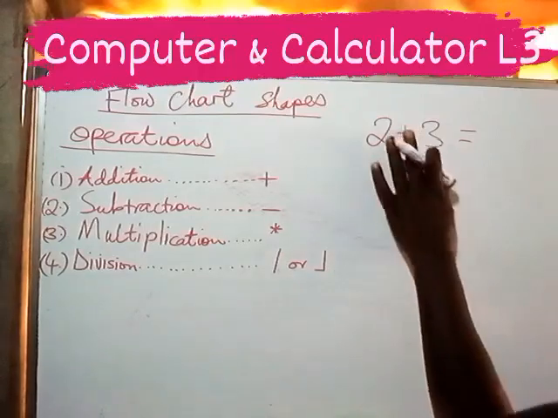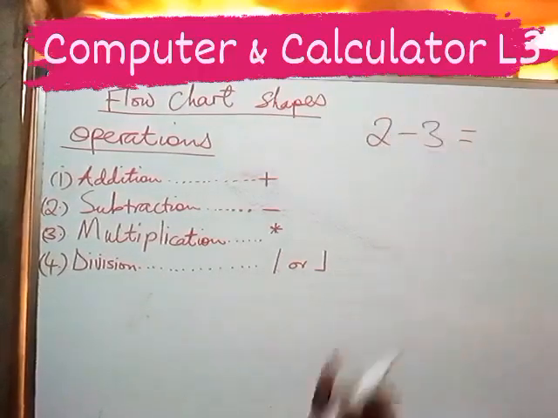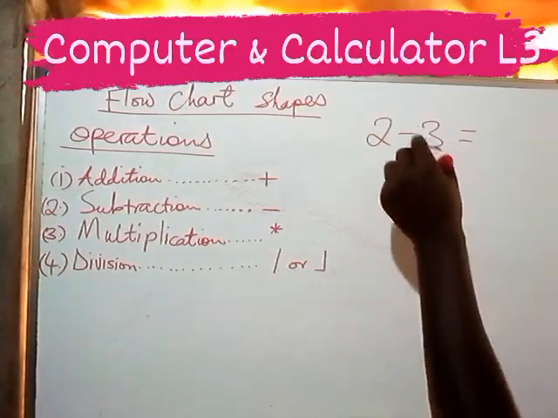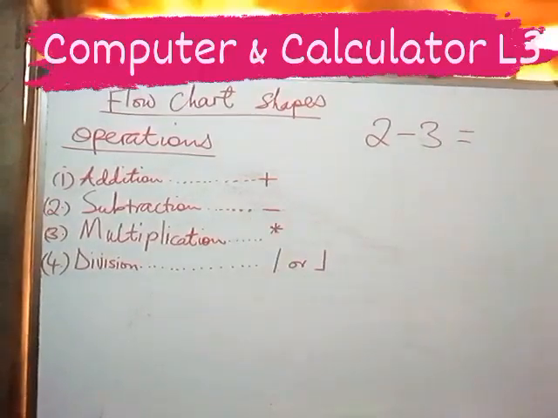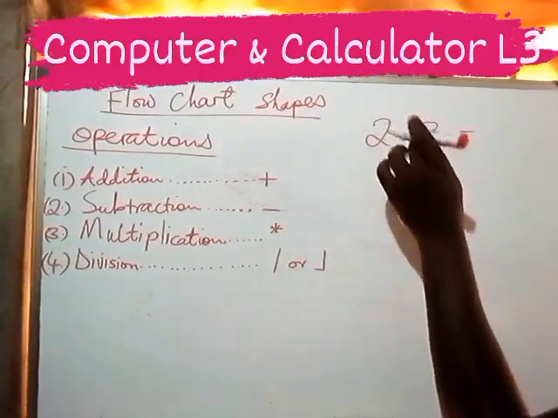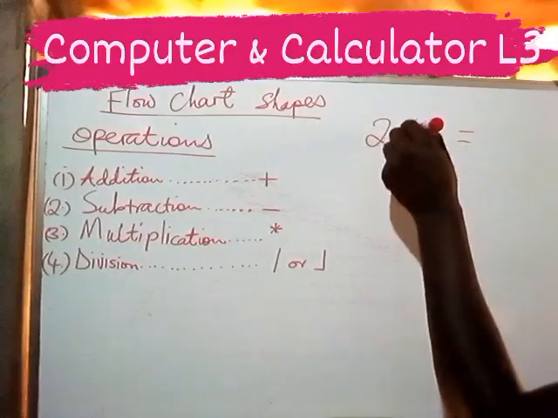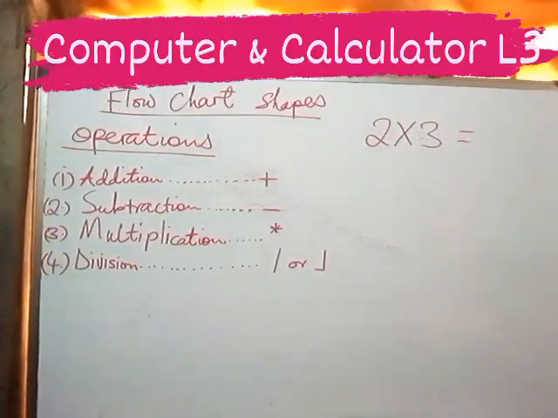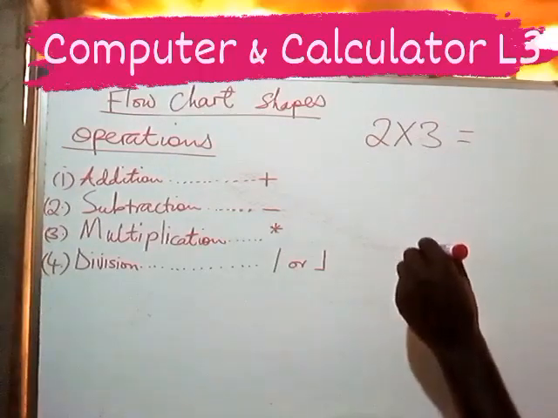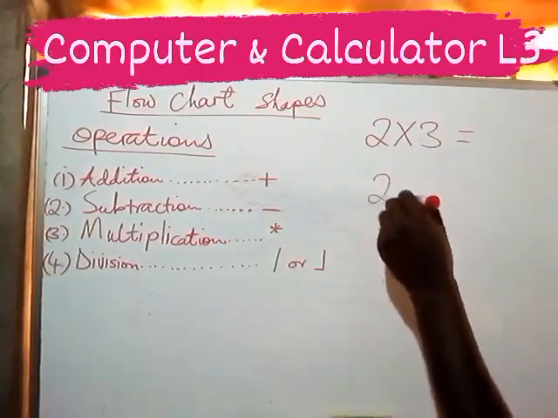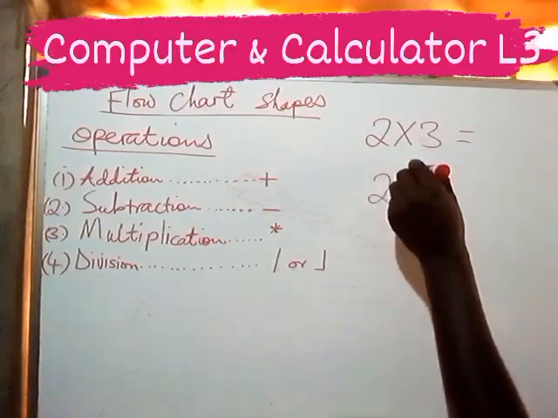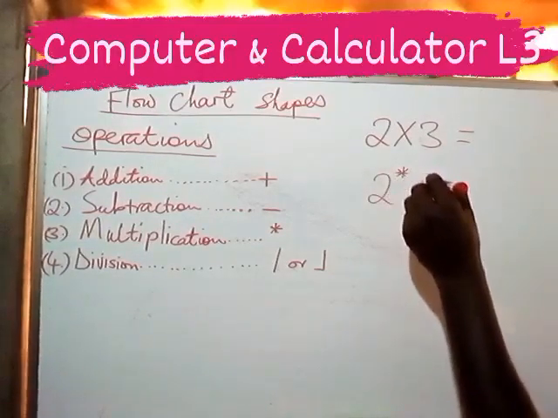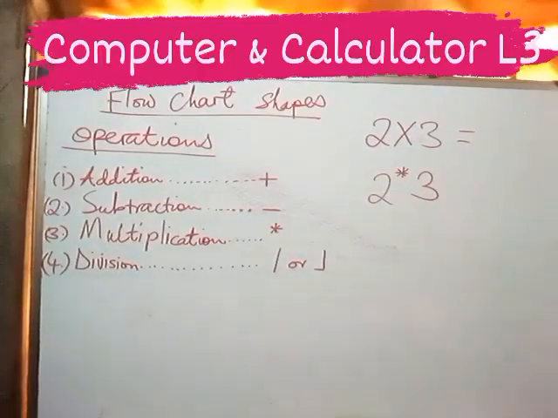Then for subtraction, we have the same sign, which is a minus sign. But for multiplication, normally 2 times 3, the sign is this. Under the flowchart, we are going to use a star to mean multiplication. So that one means the multiplication.